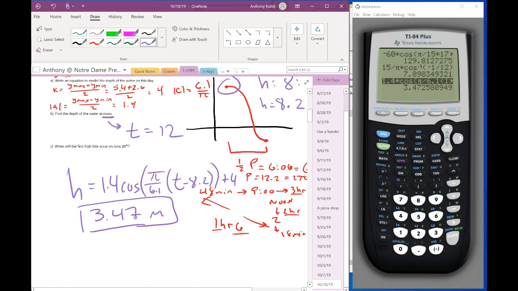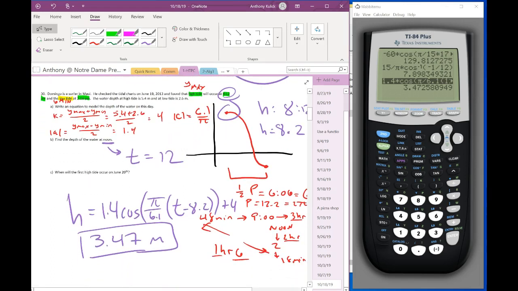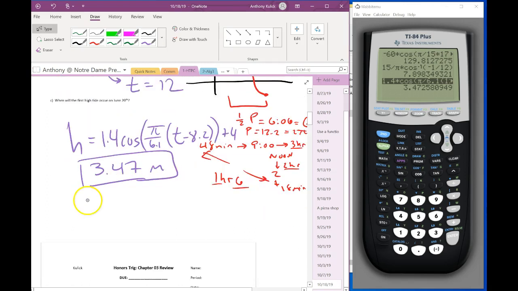The last question asks, when will the high tide occur on June 20th? So June is what? Is that the 6th month? Okay, 6/19. We have a high tide at 8:12 a.m. Everybody agree with that?